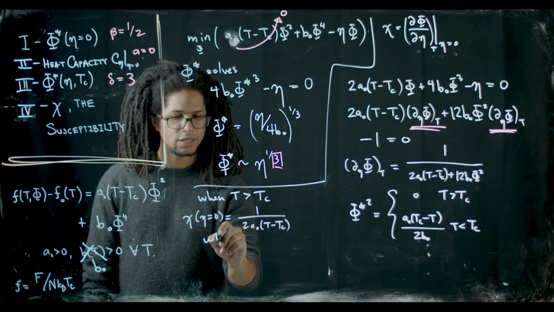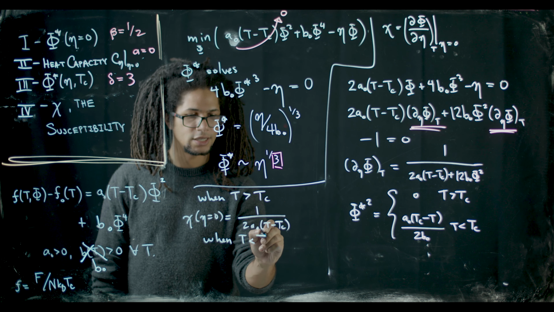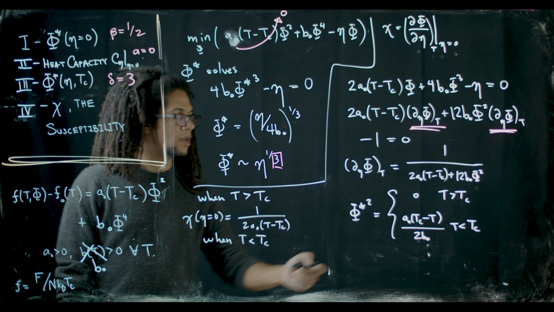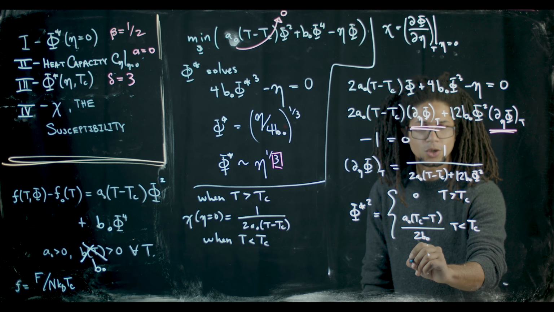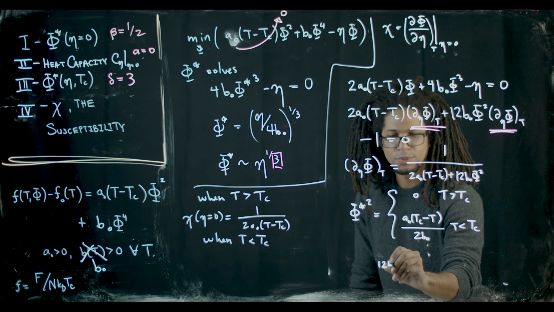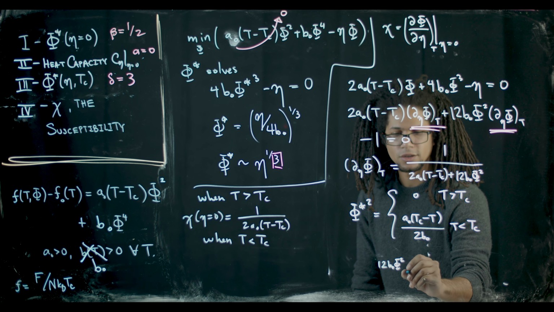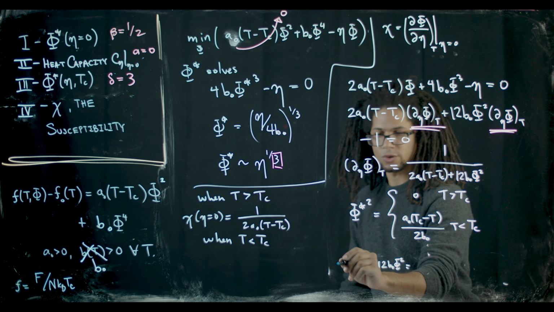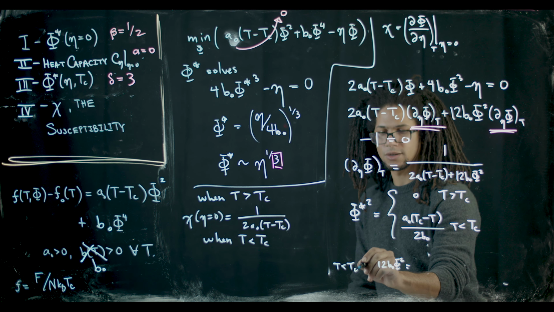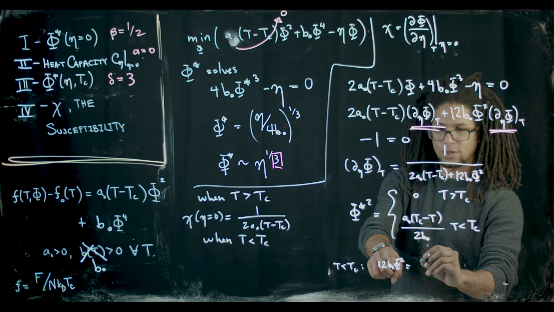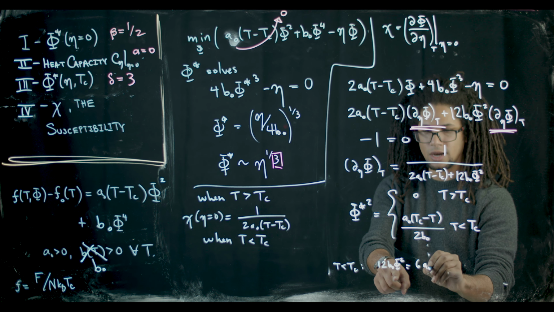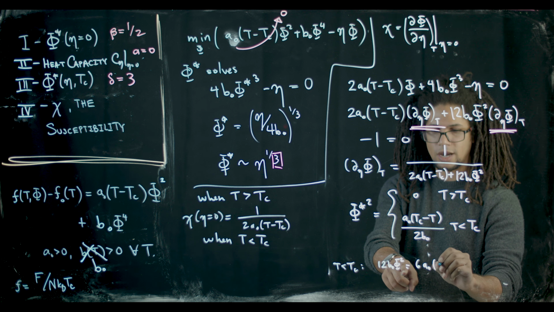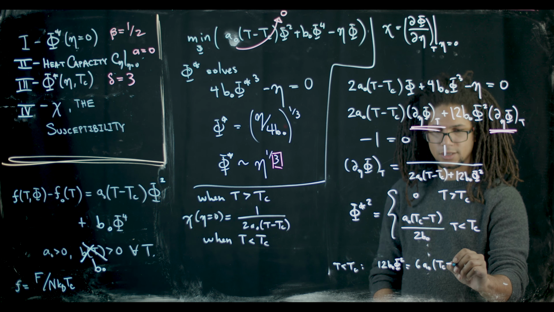On the other hand, when t is less than tc, then we need to stick this into this equation. And let's do a little calculation over here. So 12b naught phi squared will be equal to, so again we have t less than tc here, that will equal 6 a naught times (tc minus t).